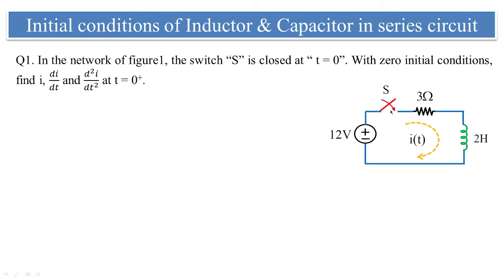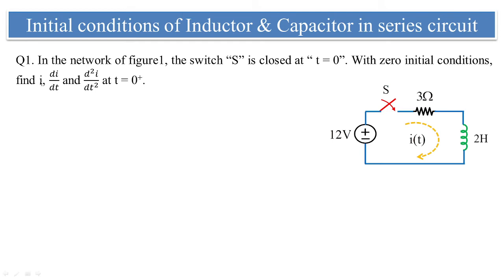With zero initial conditions, means what? With the inductor's zero initial conditions, we need to find what is i, what is the differentiation of this current, and what is the acceleration of this current at t equal to 0 plus. This mathematical differentiation can be termed as the velocity of current as well as the acceleration of the current, where i is the current flowing.